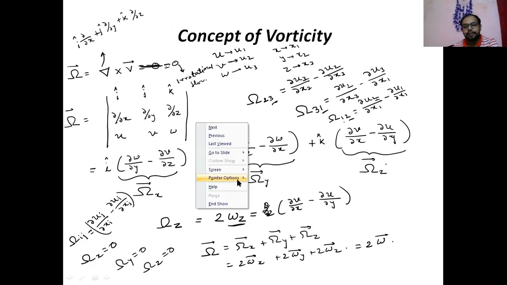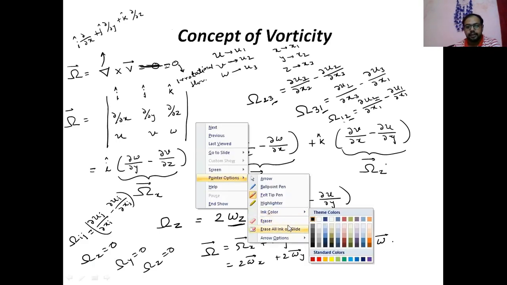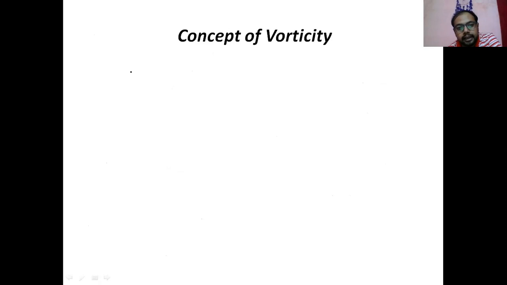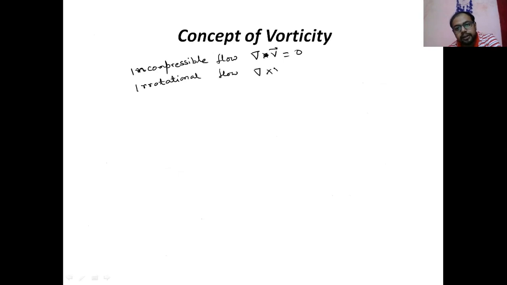So if I recap, the thing is easy to understand. If the flow is incompressible, recapping, incompressible flow means the divergence of the velocity vector is 0. And irrotational flow means the curl of the velocity vector is 0.